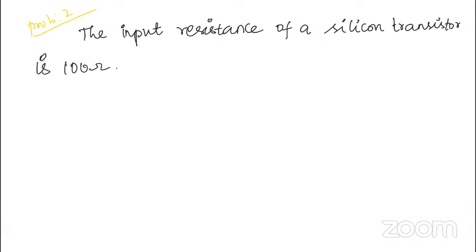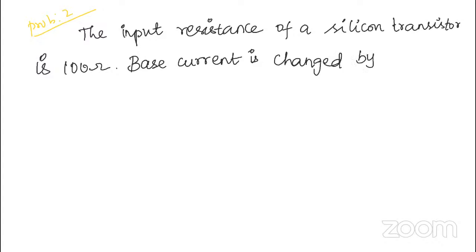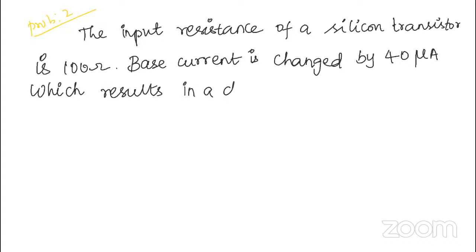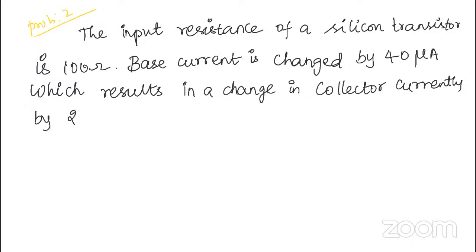Then the base current is changed by 40 microampere, which results in a change in collector current by 2 milliampere.